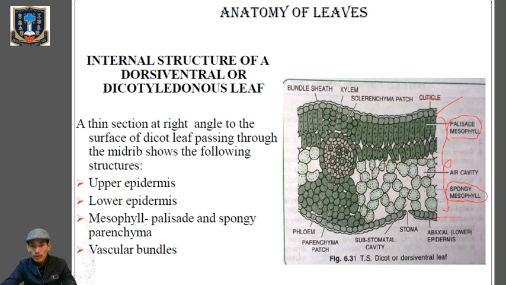Alright, then we will find the presence of vascular bundle, that is xylem and phloem. Okay, so you can see the presence of xylem, you can see the presence of phloem, and these vascular bundles are surrounded by the bundle sheath.